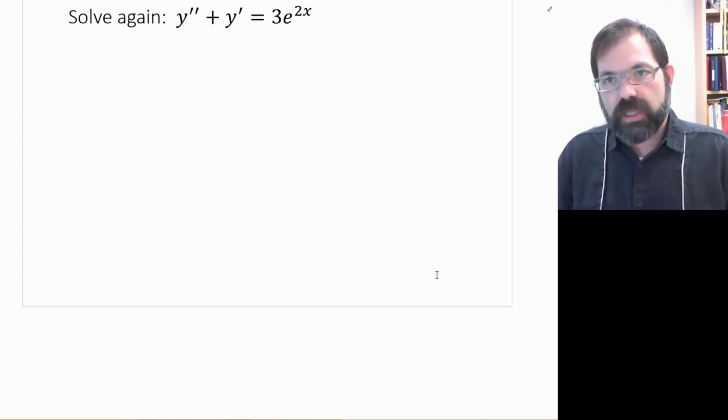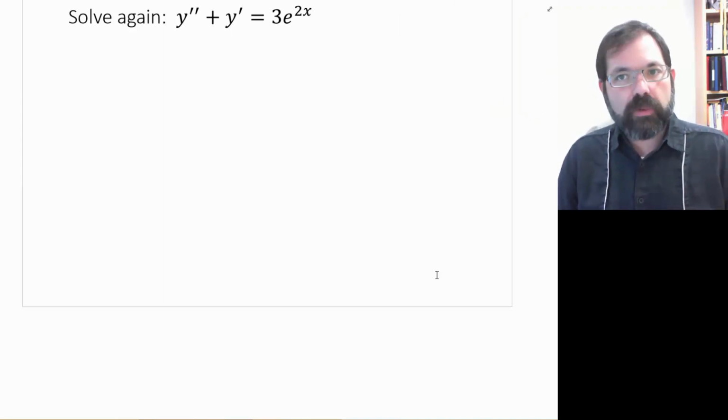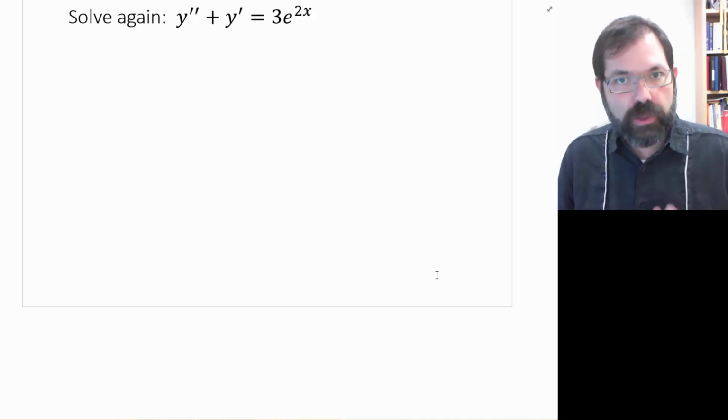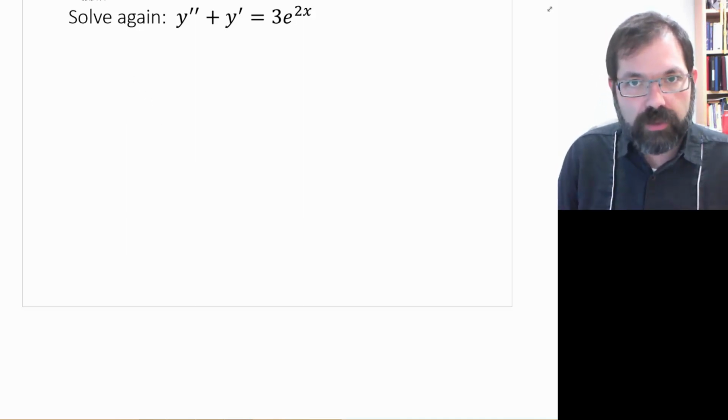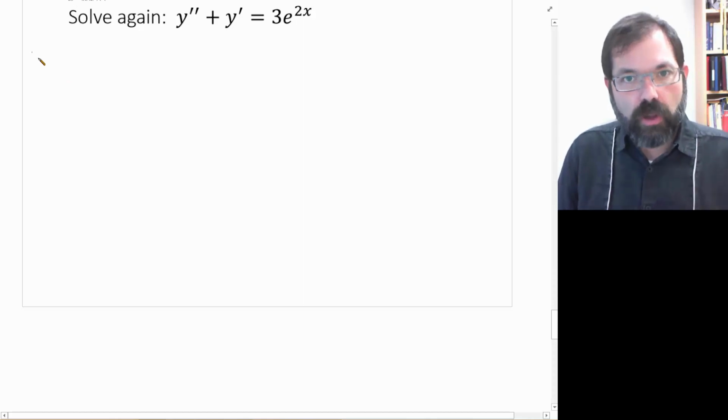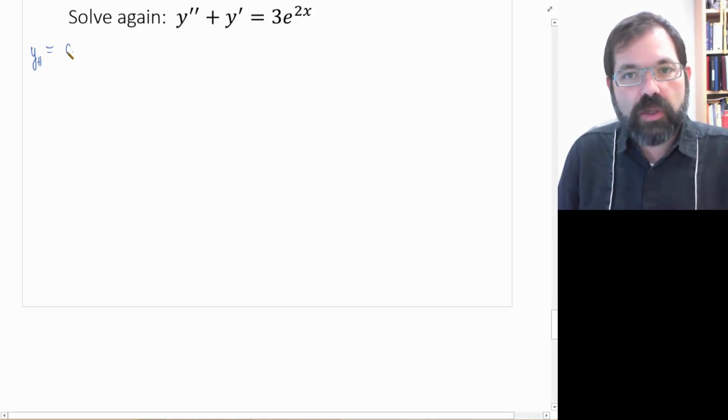So let's solve again the equation y double prime plus y is equal to 3e to the 2x, but now let's use this variation of parameters method. All right, so recall that the y sub h for this equation was c1 cosine x plus c2 sine x.